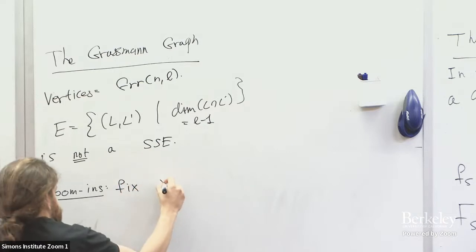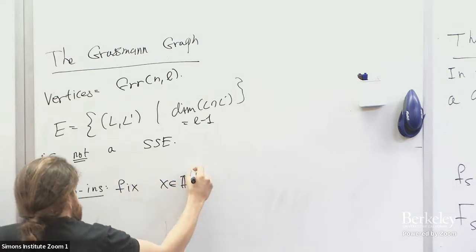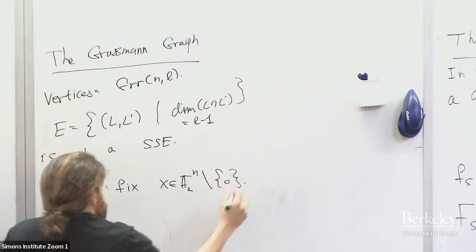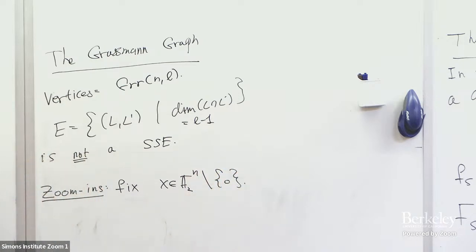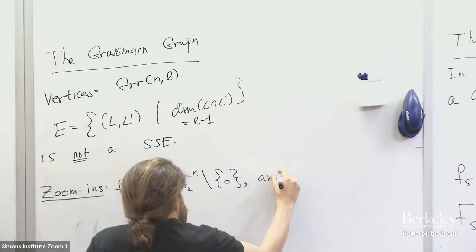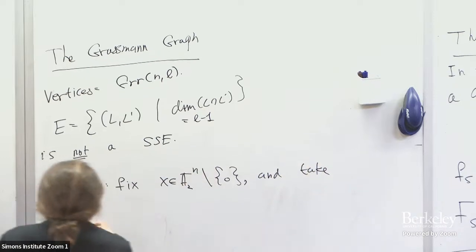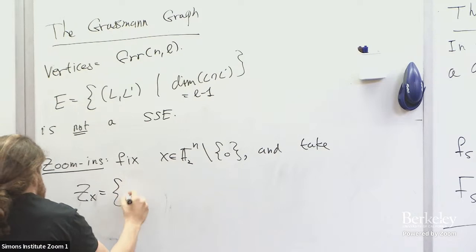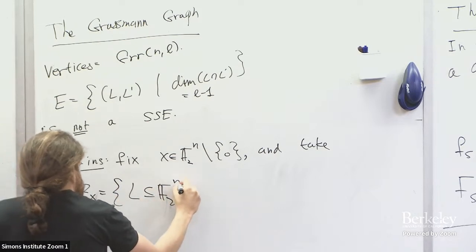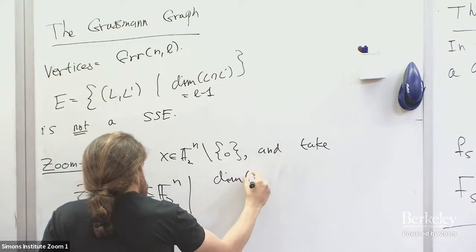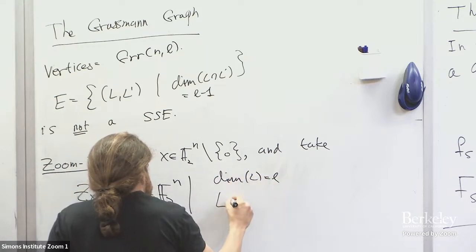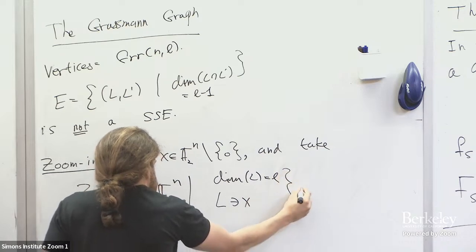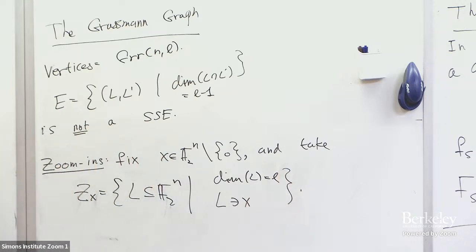Take some vector x in F_2^n, which is not the zero vector, and consider all of the subspaces that contain x. Let's look at the size of this set, as well as the edge expansion of it.